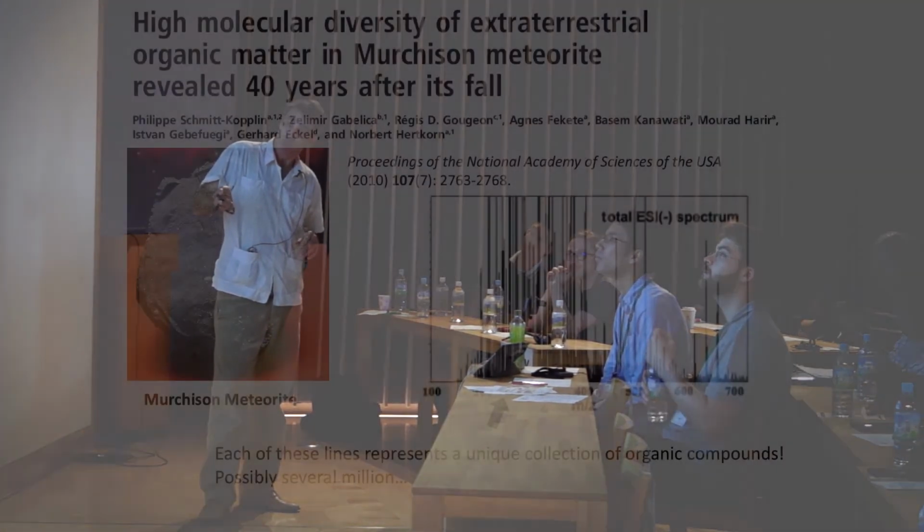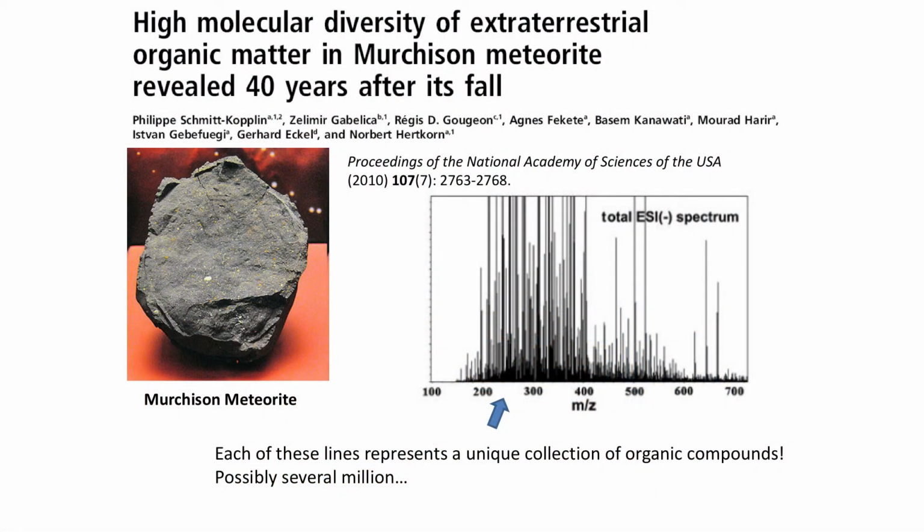Just to give you an example, I actually do work on meteorites as part of my job. This is not my personal work, but we do this kind of thing. You can take meteorites and you can extract the organic chemicals from them and analyze them. And there's a device called a mass spectrometer, which essentially allows you to weigh the types of chemicals that are in it. And what you end up with, this is an example of a meteorite that fell in Australia.